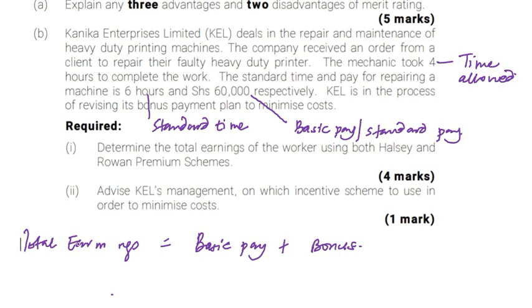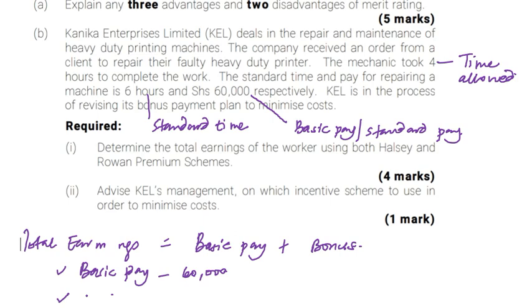Our basic pay, we know that is 60,000. So the basic pay, we have been told that it's 60,000. But then we need to get the bonus.